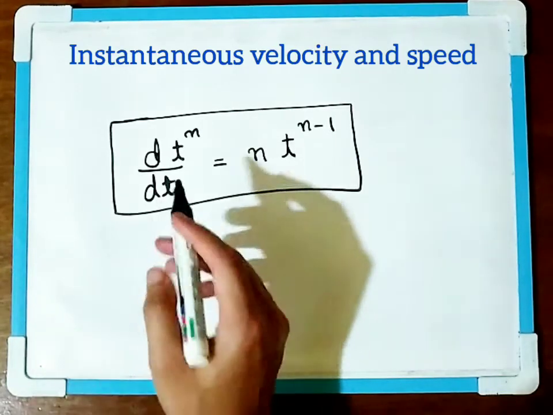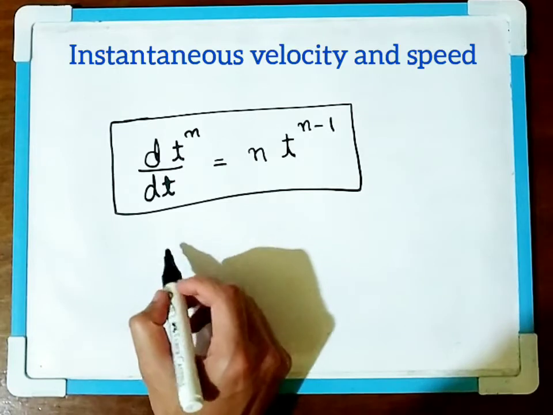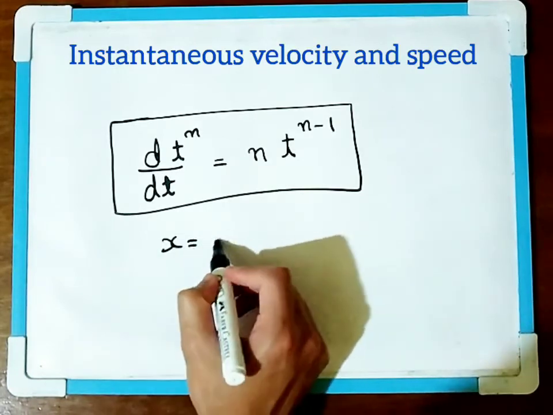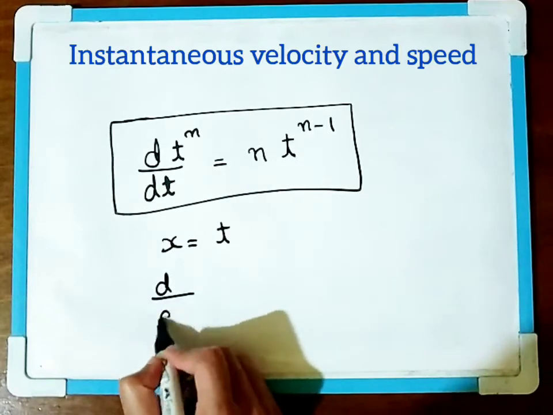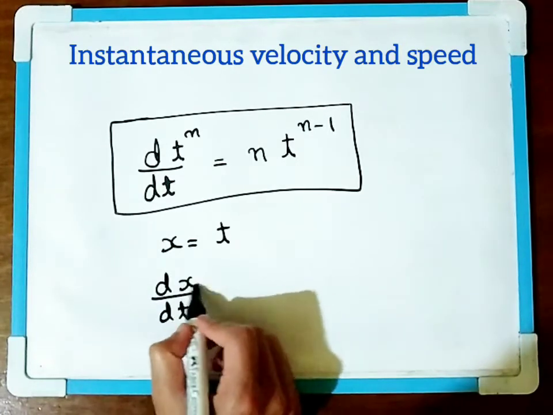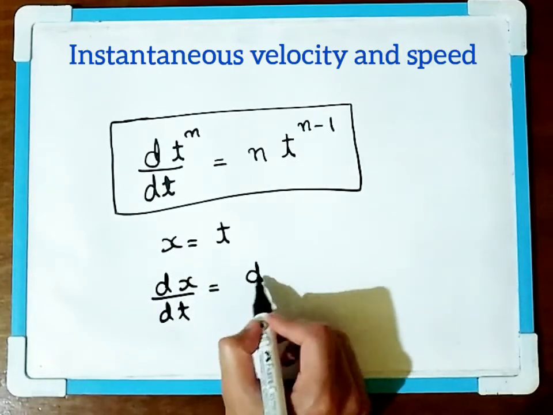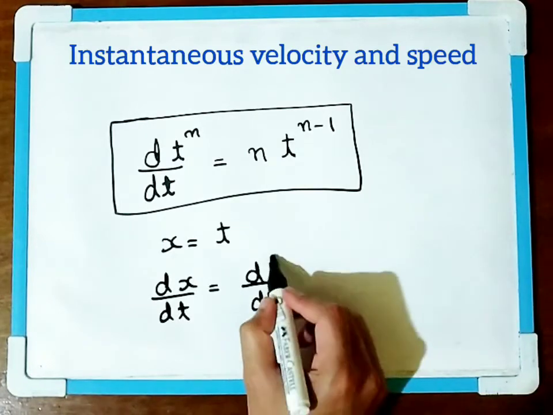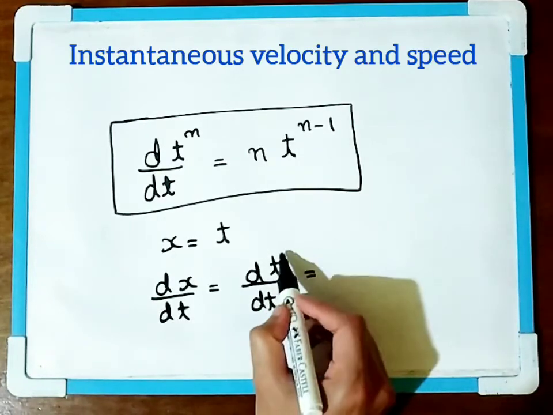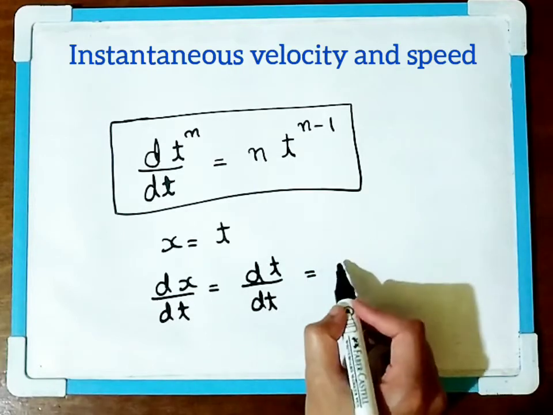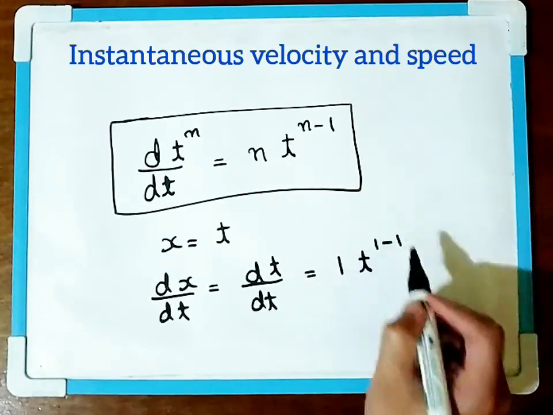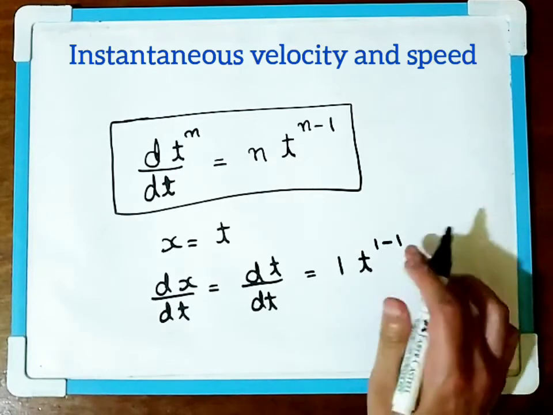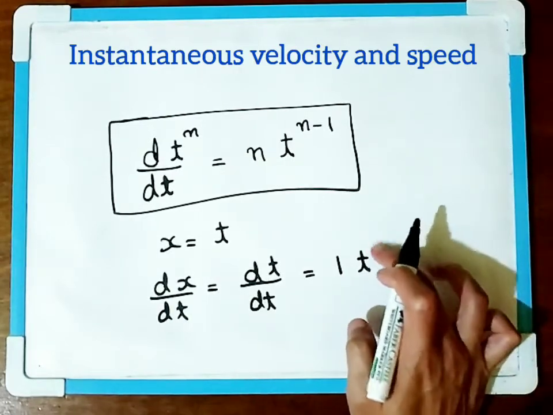Then what about the derivative of simply t? Suppose your x is equal to t in the case of uniform motion. Then d/dt of x will be equal to d/dt of t. So here your n is equal to 1. So here we have 1 times t to the power 1 minus 1, and 1 minus 1 will be equal to 0.